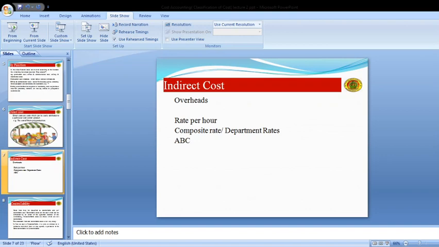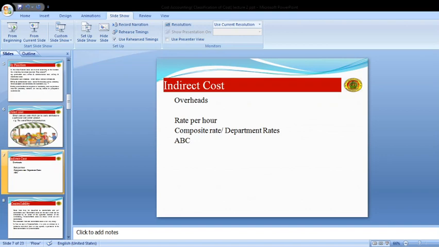Direct cost we can easily charge, but indirect cost we cannot charge directly. That's why a rate per unit, or a composite rate, is normally calculated. Technically, we call it the absorption rate.